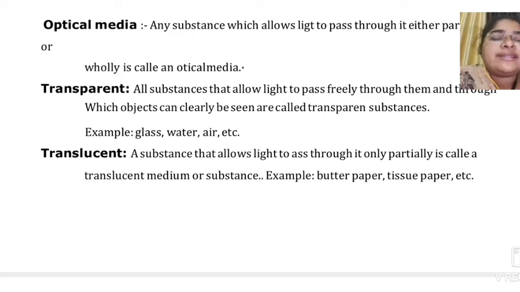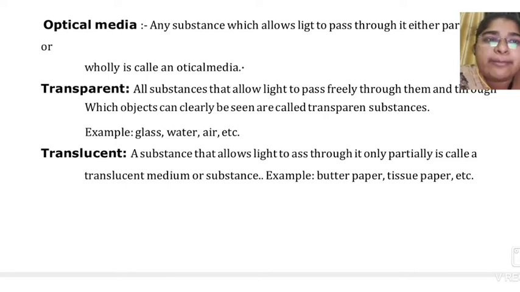It means we can see but not clearly, we see only partially. So this type of medium is called a translucent object. For example, butter paper, tissue paper, etc. So student, do you remember when mummy makes a cake or any other item, they first spread butter paper on the bottom of the vessel.